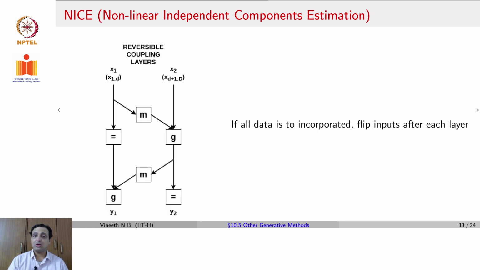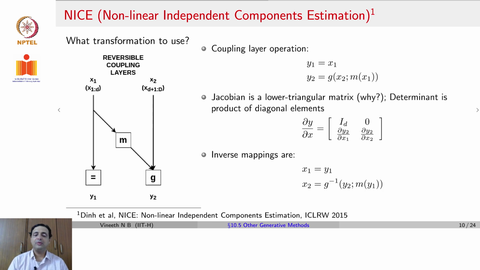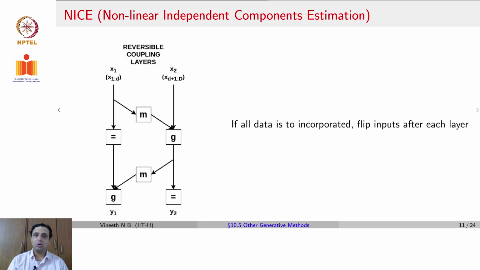In case you'd like all data to be considered, so in the previous construction, we considered that y2 can depend on x1, but y1 cannot depend on x2. If we instead want all the elements of the output to depend on all the elements of the input, it can be done, but you may have to flip the inputs after each layer.